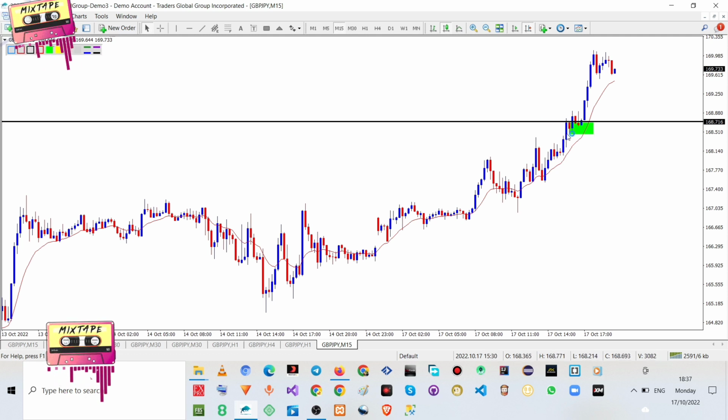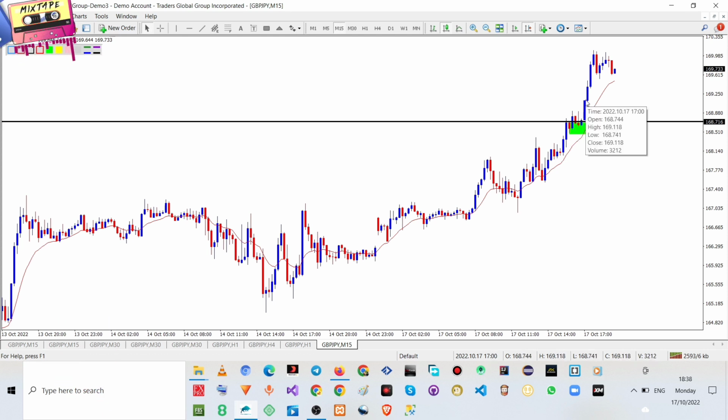You can see that the price reacted first, then gave this bearish candle, then went on to break through, then retested the broken support line, so into my zone that I drew here. After that it gave this big bullish candle right here.